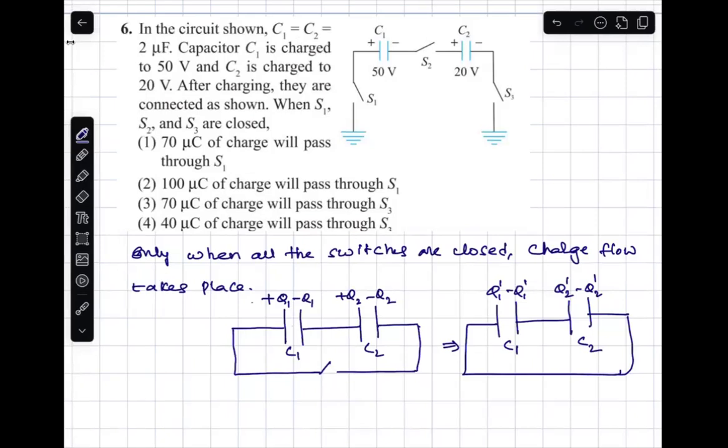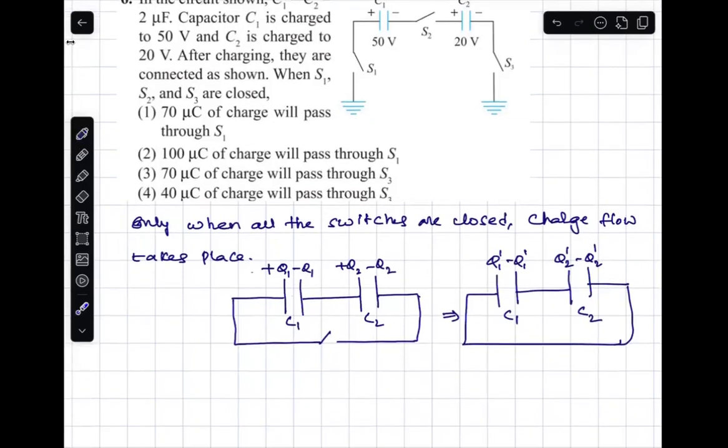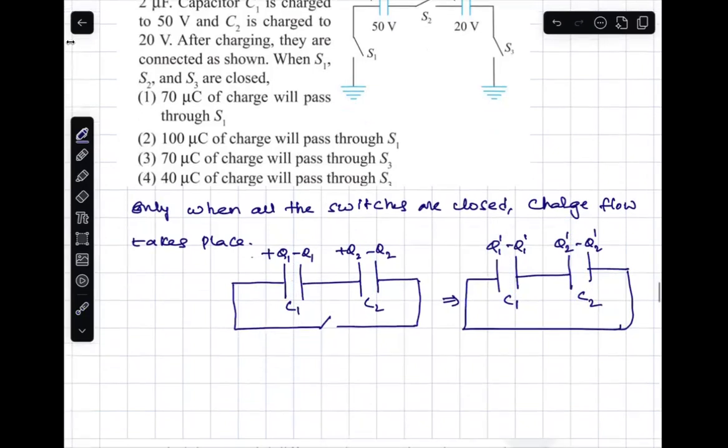So remember, whatever you do, there is a portion, notice. This is still isolated. The net charge must conserve. So therefore, minus Q1 plus Q2 is equal to minus Q1 dash plus Q2 dash. How it is zero? It is not zero.